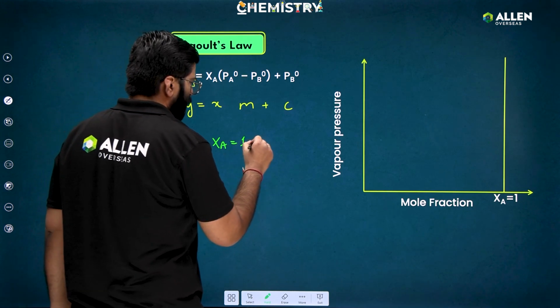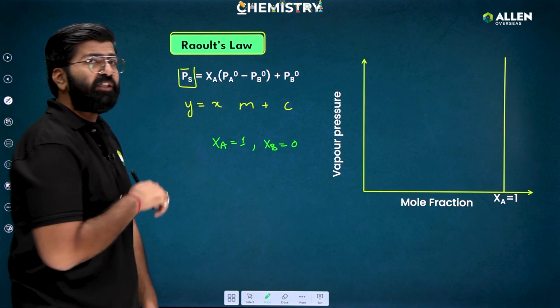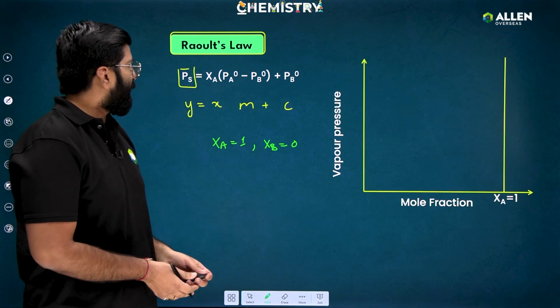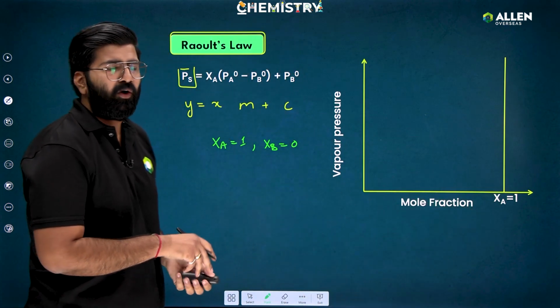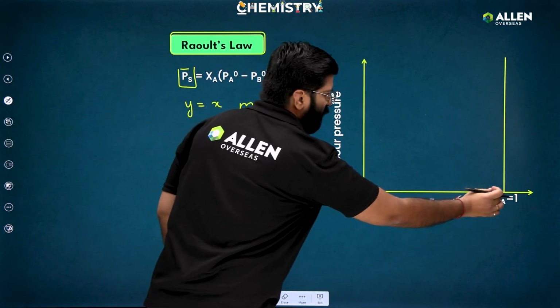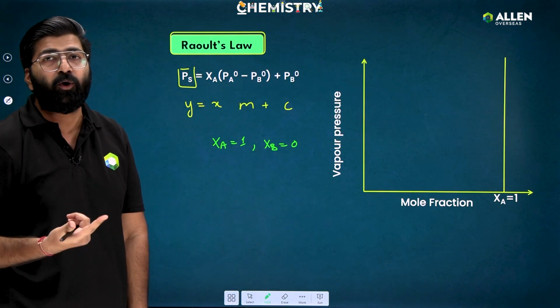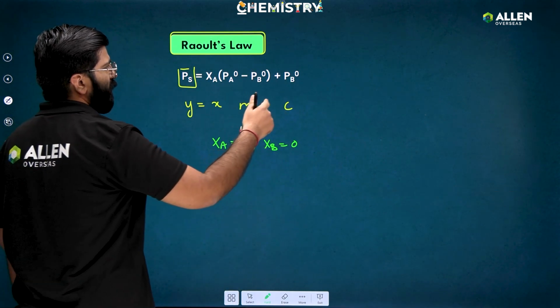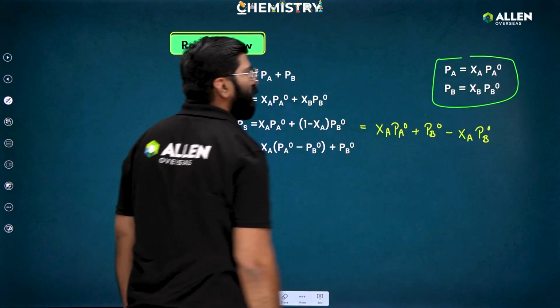If this is true, can I directly plot its point over here? Because the mole fraction is 1, whatever point I get will be my PA over here. Yes or no? Because we just saw how we are going to get these two points. Yes, we already know this part also.